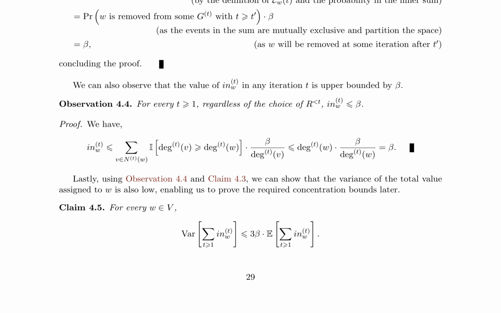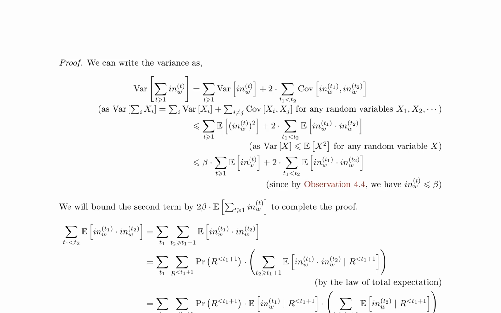The authors then formalize this intuition by showing that E[x_T ≥ T in_{t,w} | R < T] is less than or equal to beta, where x_T is the indicator variable for the event that W belongs to G_T after iteration T. This result is obtained by applying the law of total expectation and using the previously derived upper bound on E[in_{t,w} | R < T].